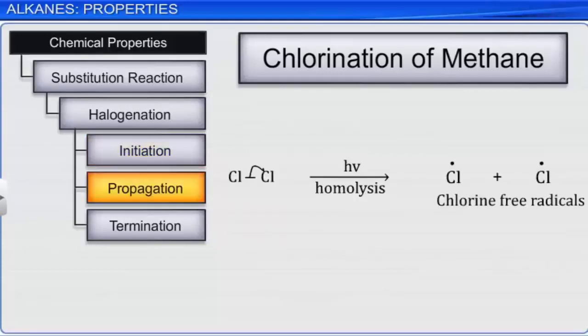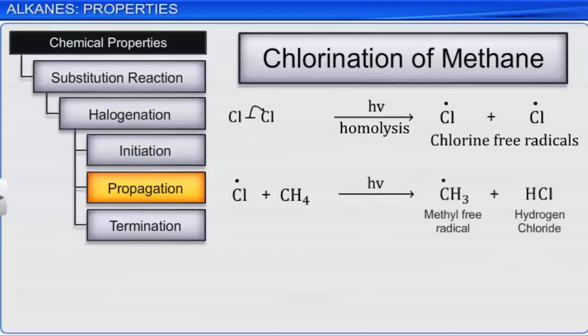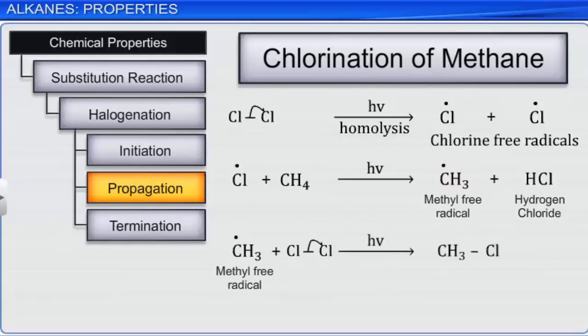During propagation, 2 reactions take place. First, the chlorine free radical attacks the methane molecule, forming a methyl free radical and hydrogen chloride. Next, the methyl free radical attacks a chlorine molecule, forming chloromethane and one more chlorine free radical, setting up the chain reaction.